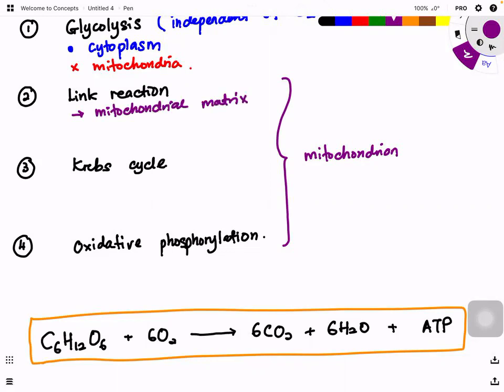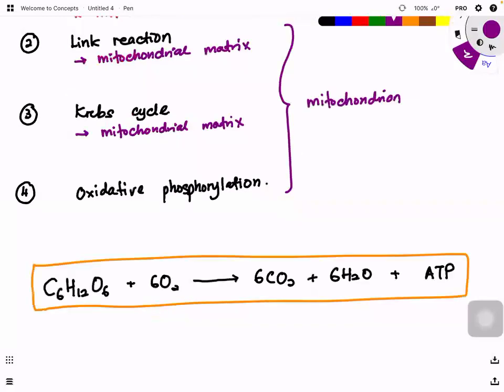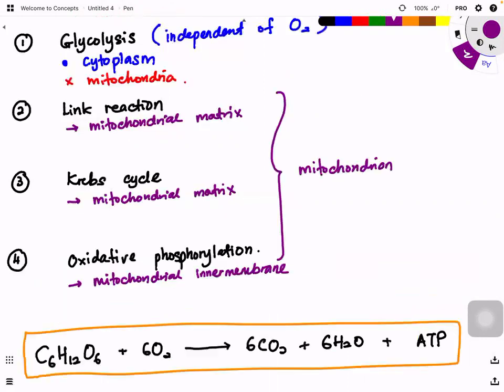The Krebs cycle also takes place inside the mitochondrial matrix, and oxidative phosphorylation takes place at the mitochondrial inner membrane. Are you clear?